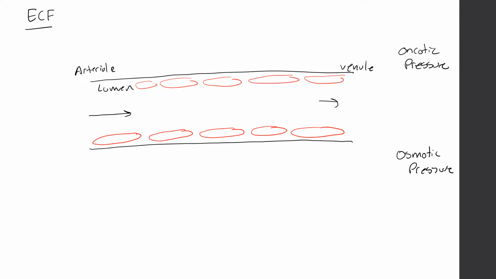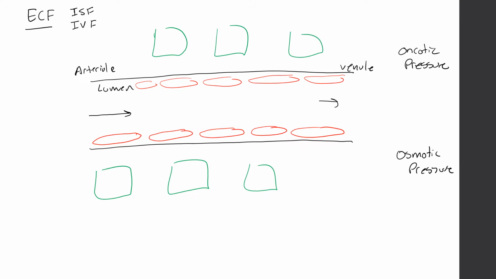That's right, so the interstitial fluid and the intravascular fluid make up the extracellular space. Now I'm just going to draw some cells out here. So these are just some type of cell on either side as our capillary is running through the tissue.